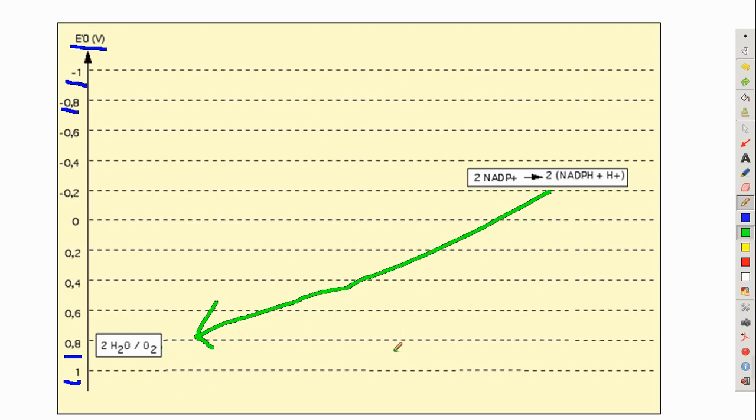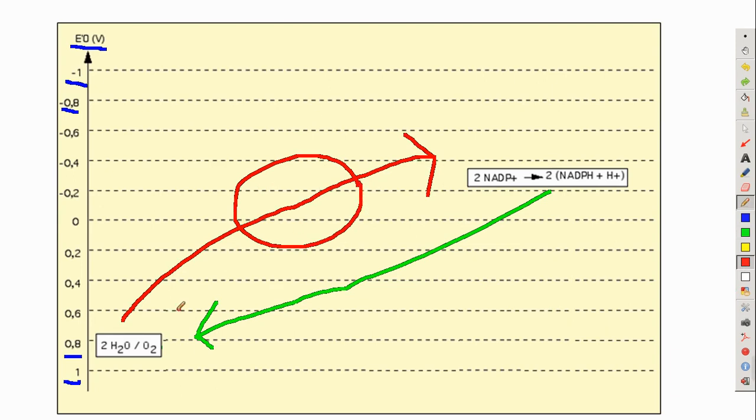However, in plants it's the opposite. So plants have had to find a way to bring the electrons all the way up to NADP. This normally shouldn't happen, and this is where the Z scheme will intervene.